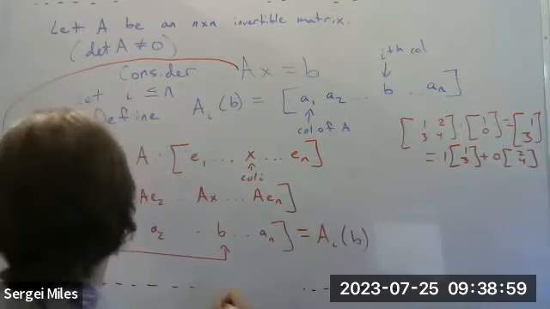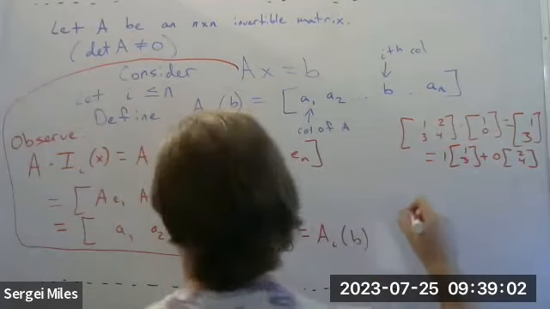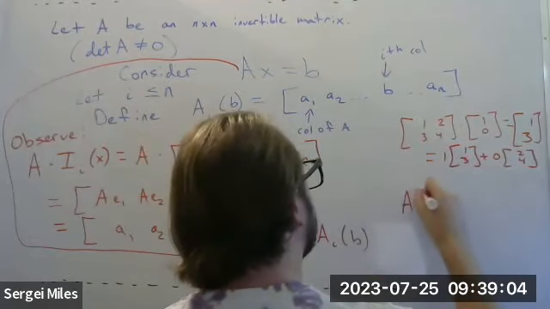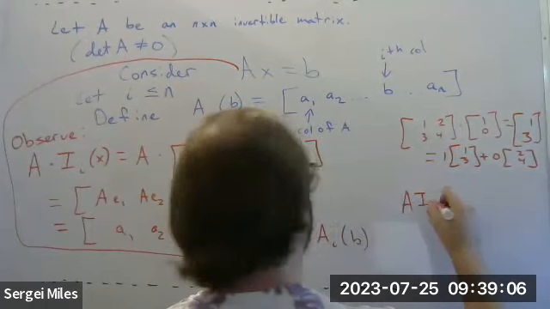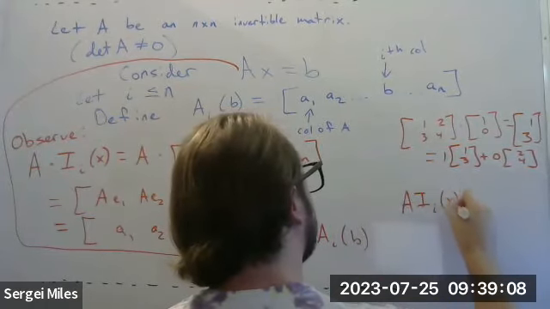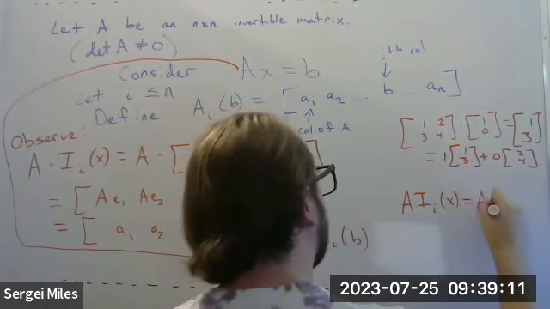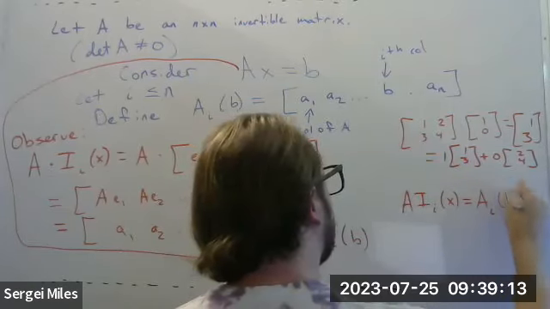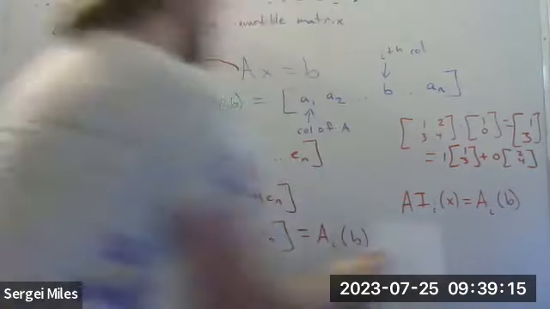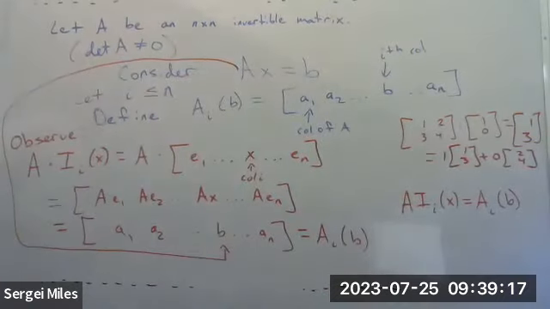So what have we shown? We have this fact that A times I sub i of x equals Ai of B. At least this is true when AX equals B, when we have some kind of matrix equation. Well, that's all fine and good, but we still haven't used the determinant yet.